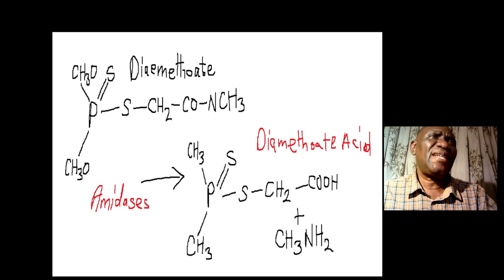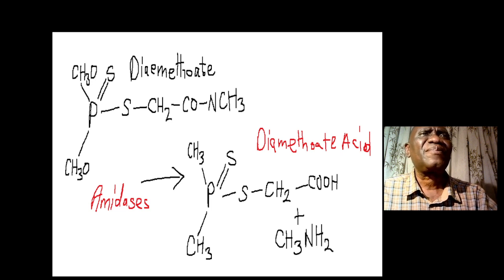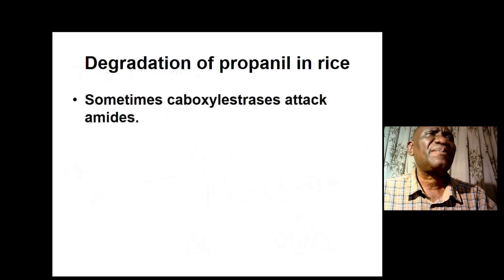And this can be less toxic. So the amidases will hit here where there's nitrogen and split it to form an acid part and a CH3NH2 part. That's how it is broken down.